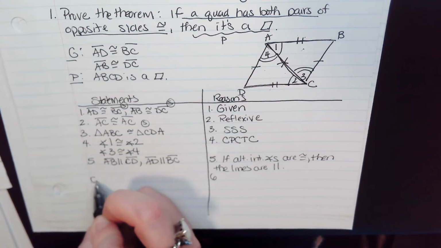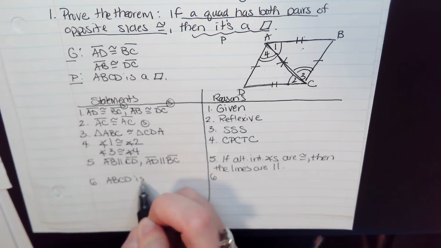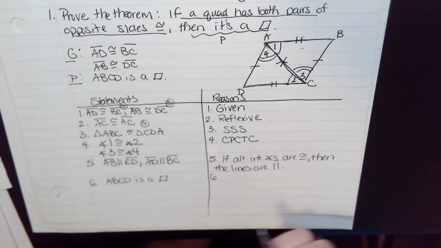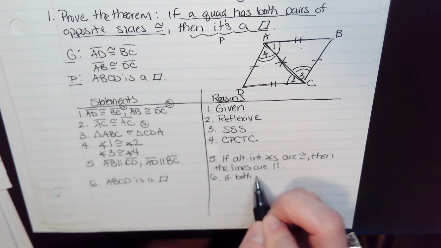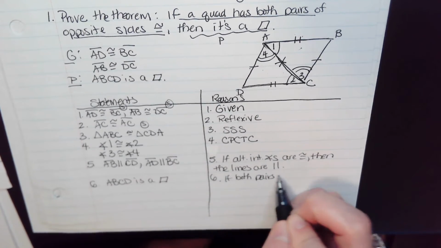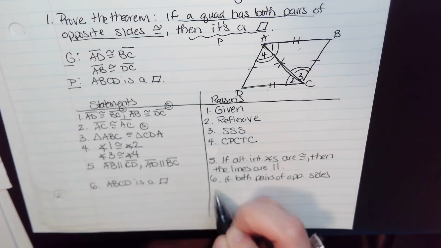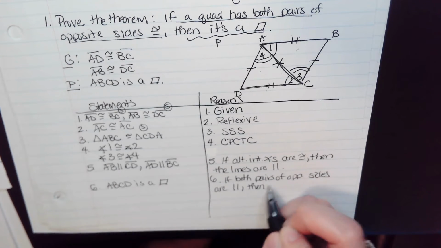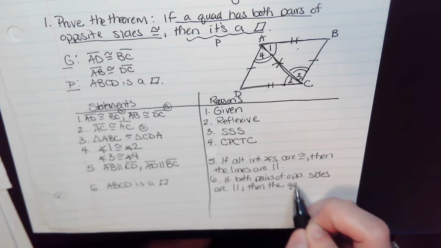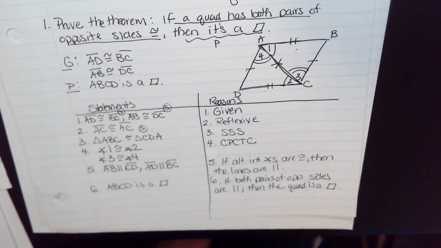Now that I've gotten two pairs of opposite sides parallel, I can say that ABCD is a parallelogram because if both pairs of opposite sides are parallel, then the quad is a parallelogram.